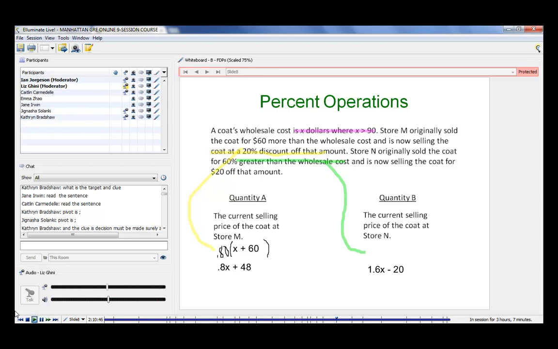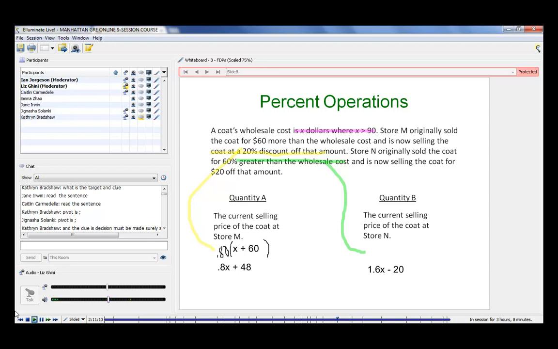All right. The current selling price of the coat at Store N: originally sold the coat for 60% greater than the wholesale cost. 60% greater is 1.6x, right? That's x plus 60% of x.